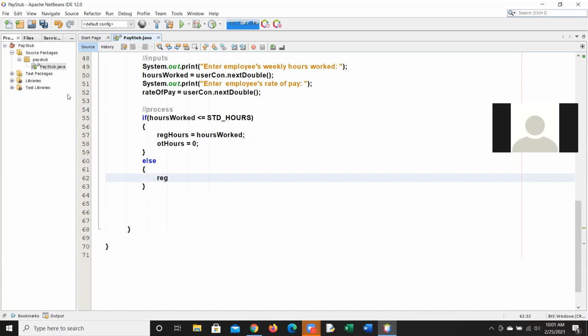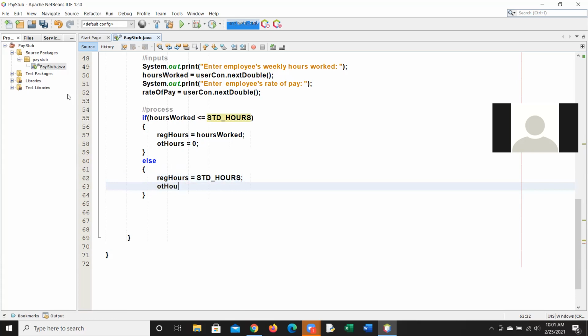And then regular hours is going to become standard hours, because that means they had at least 40, right? My OT hours will be nothing more than the hours worked minus standard hours or regular hours. I could make it regular hours. And then I have those.